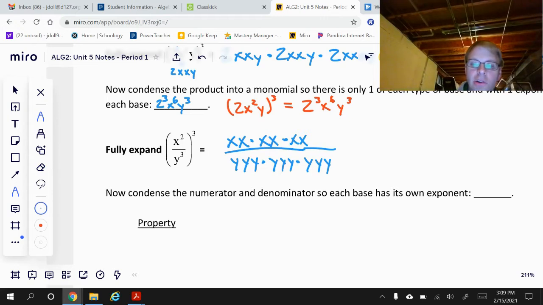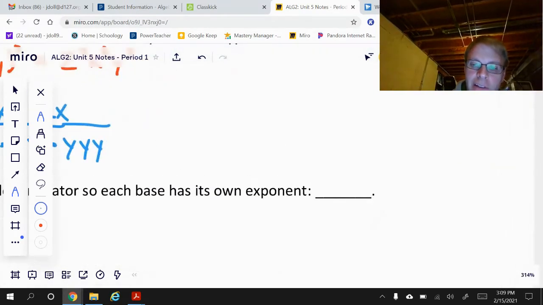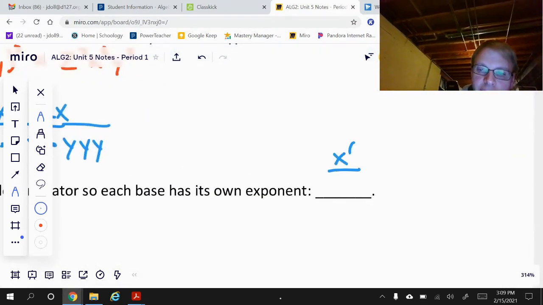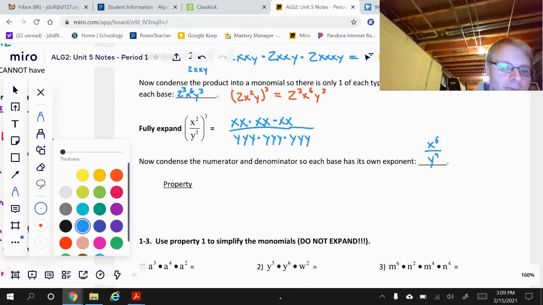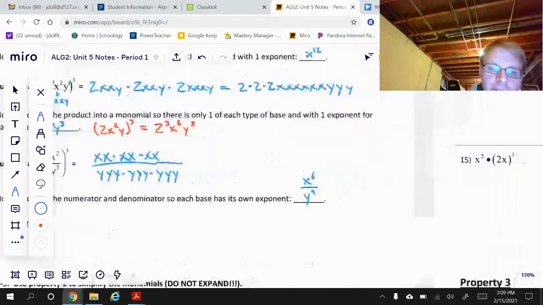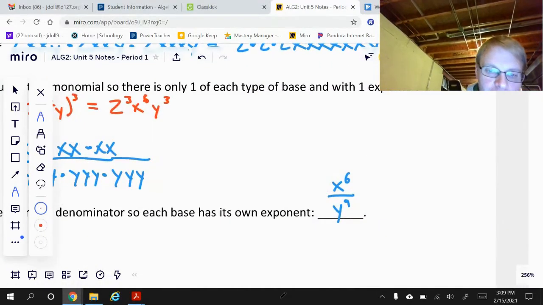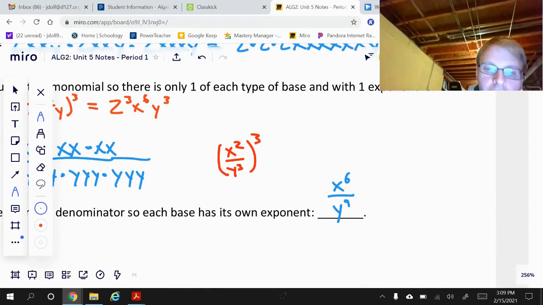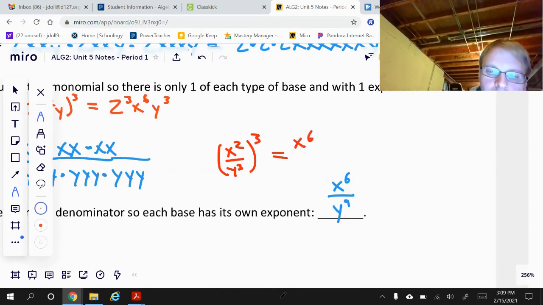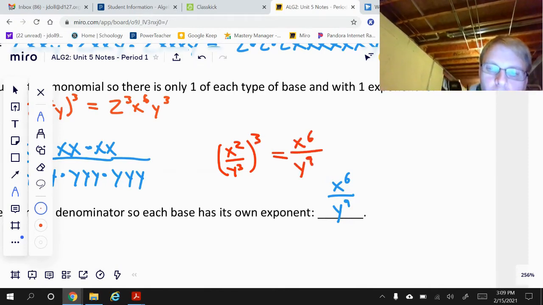All right, there we go. And so if we condense everything, in the top I have 6 factors of x, so that's x to the 6th. And in the bottom, we have 9 factors of y, so that is y to the 9th. So one more time, if I start with x squared over y to the third, all of that to the third, that will become x to the 6th over y to the 9th.